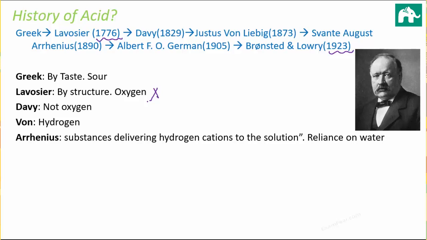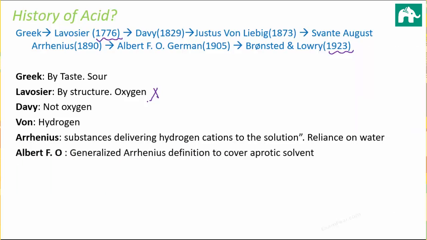So his definition was completely on the basis of how a substance behaves in water. His thought was that any such substance which releases hydrogen ions in water is acid. Later came Albert F.O., who in a way supported Arrhenius' definition, but tried to generalize it to cover aprotic solvents.